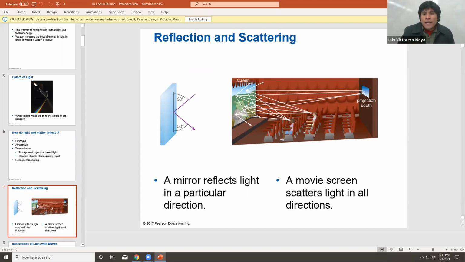Now, reflection, we are going to study this more in the next chapter. Just remember that a perfect reflection is what you're seeing here. So light can be reflected in a mirror, smooth and plain. And you have here the angles equal to each other. That's called regular reflection. Okay, and that normally happens in a plane mirror. We take advantage of that, for example, in a projection booth in a movie theater, right?